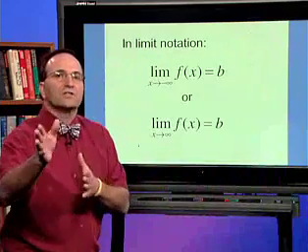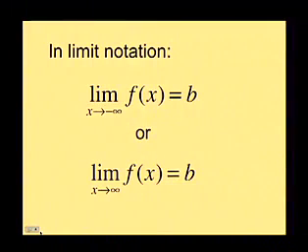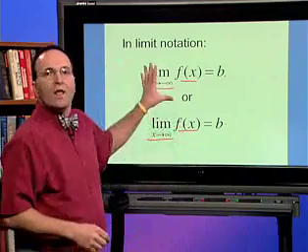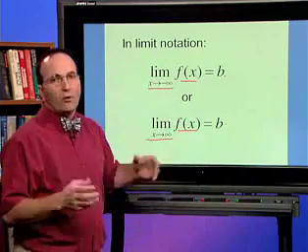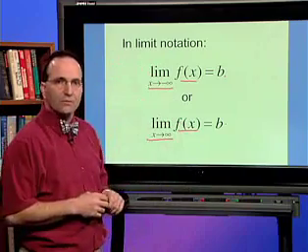Here it is in the actual mathematical limit notation: the limit as x goes to negative infinity of f(x) equals b, or the limit as x goes to positive infinity of f(x) is equal to b. That would show us then that y = b is a horizontal asymptote.